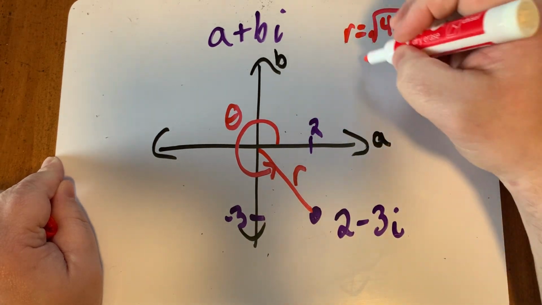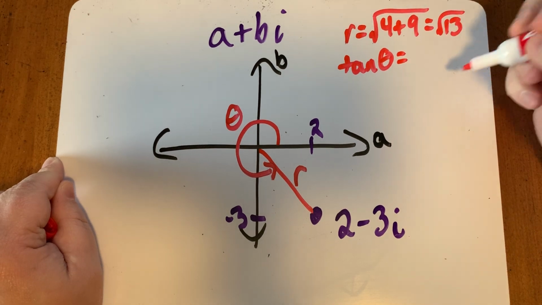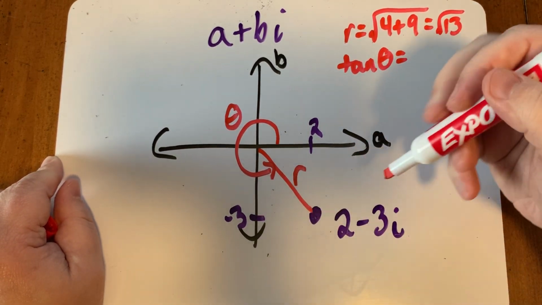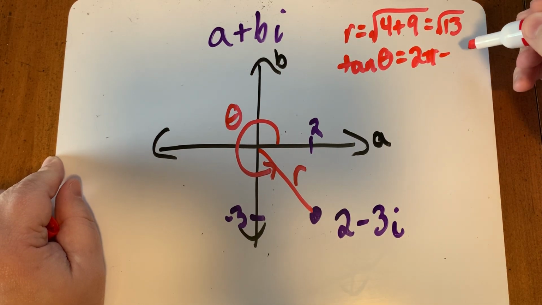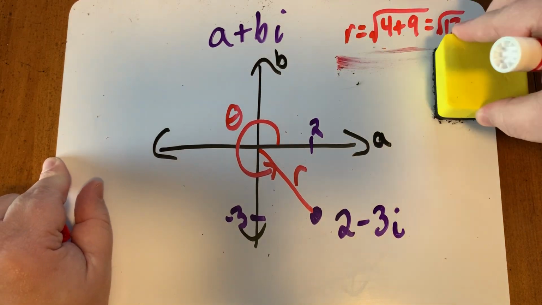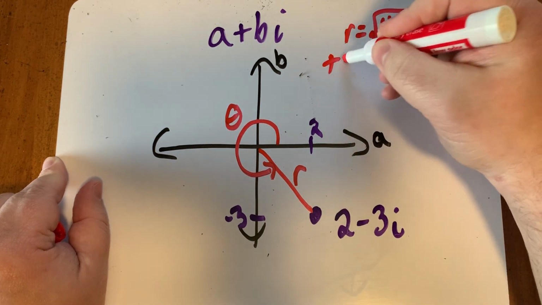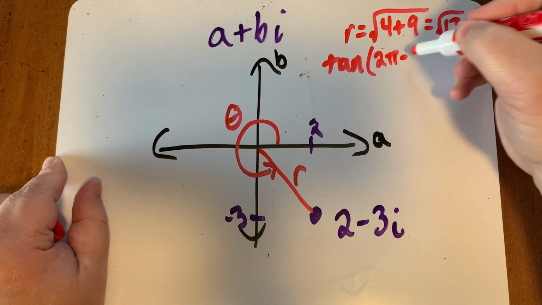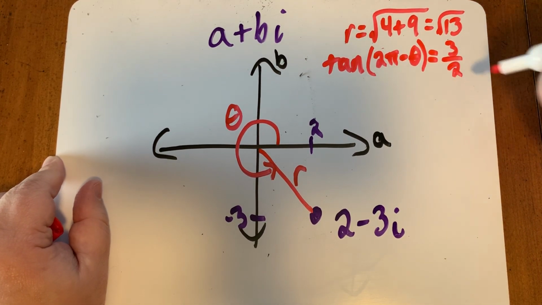And theta: tangent of 2 pi minus theta would be 3 over 2.